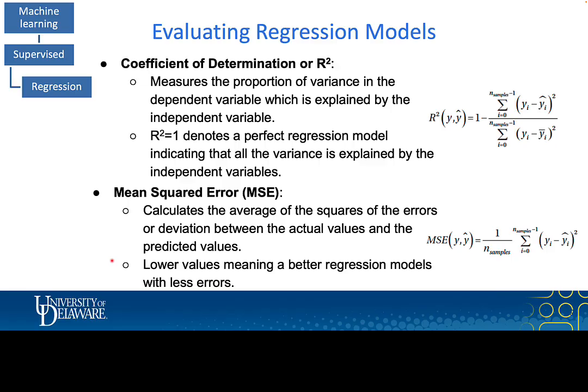Basically, the value of R-square is between 0 and 1 and measures how well our regression line fits our data. The closer R-square is to 1, the better our model will be at predicting our dependent variable.